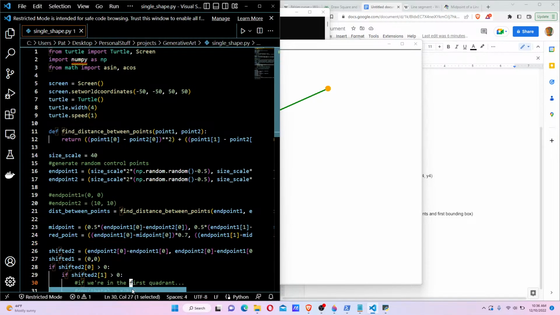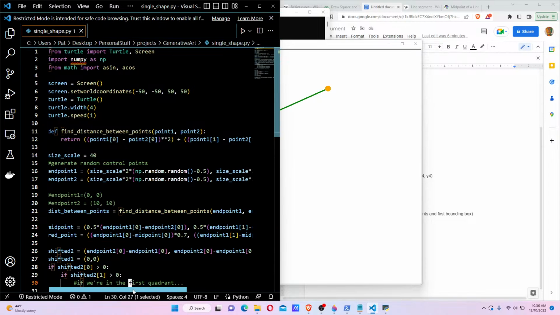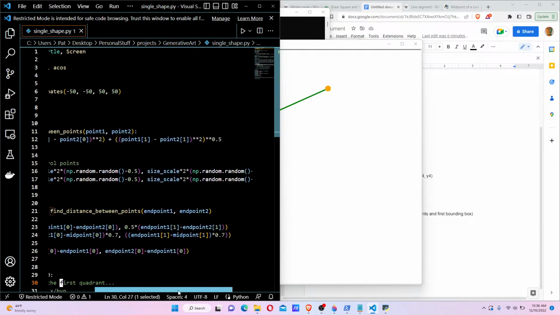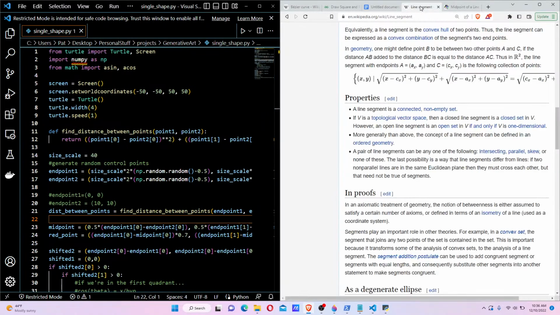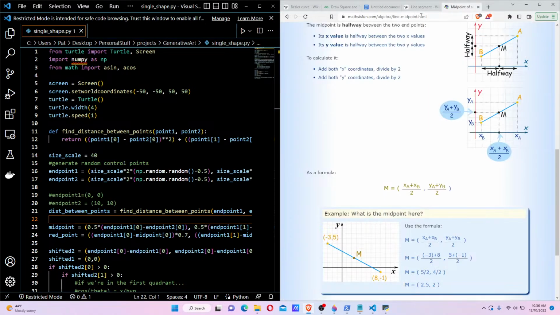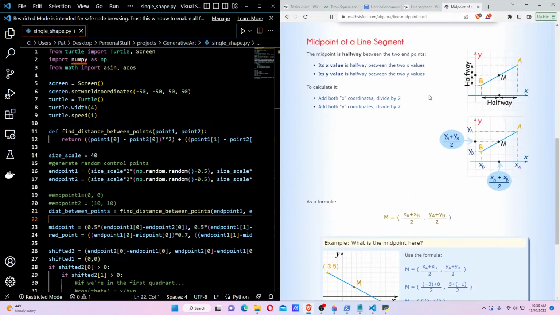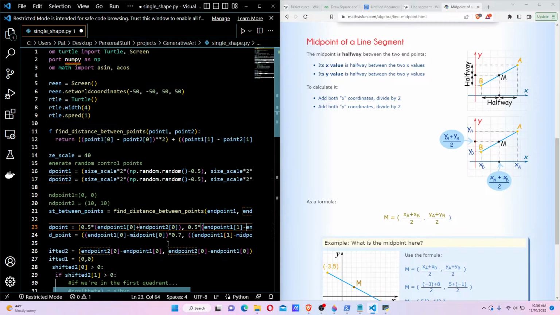Midpoint. Oh, you add and divide by 2, not subtract and divide by 2.